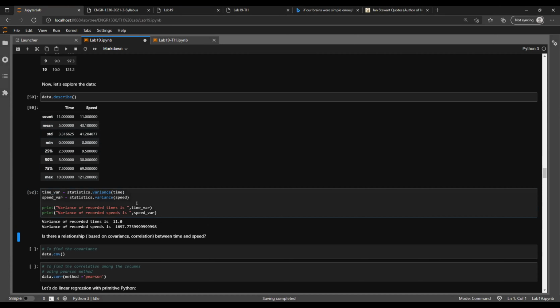Now, remember that variances can be weird in that, how on earth is there a variance of 17,000 meters per second when the highest speed we have is 121 meters per second? Well, there's two things you need to remember.